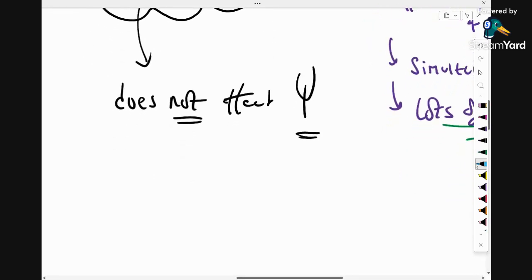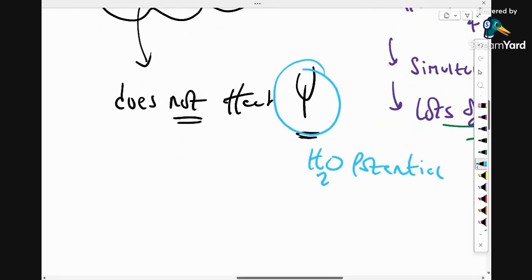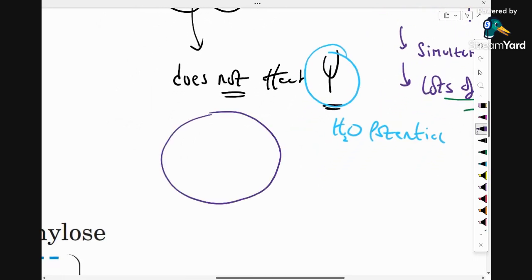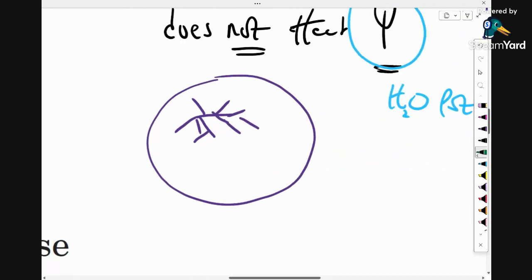So this is water potential. What that means is in your cell, you can store lots of glycogen. If we have a cell here and we're storing lots of glycogen as this branched molecule, it's not going to lower the water potential, right? If it dissolved, then it would lower water potential. We'd expect the water potential to decrease.